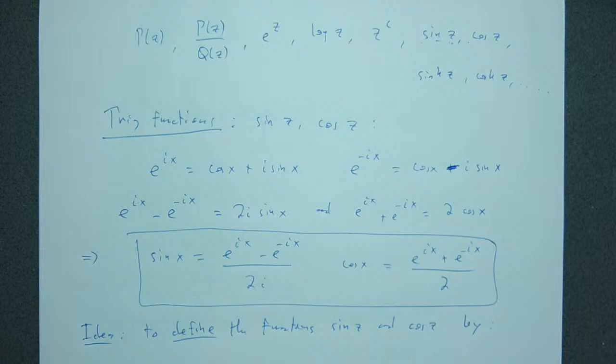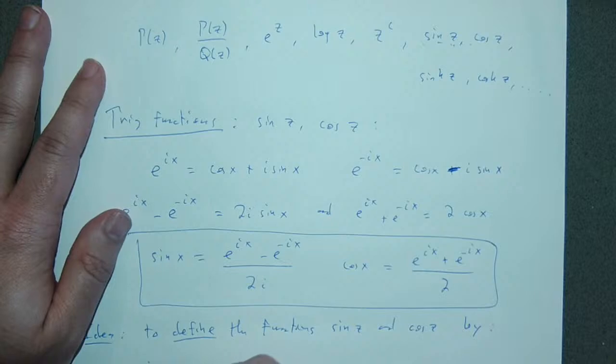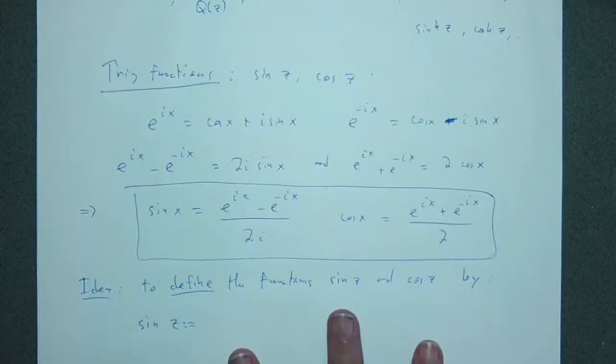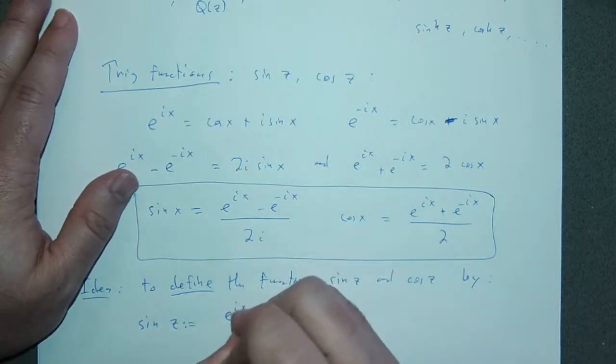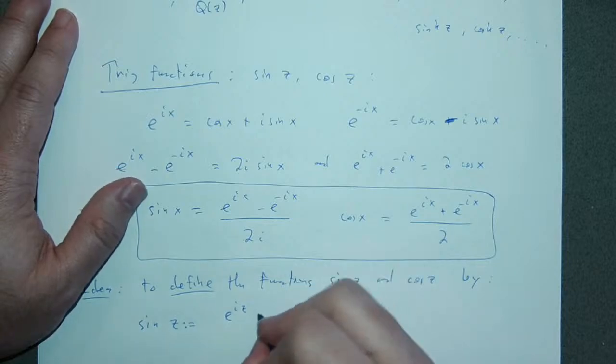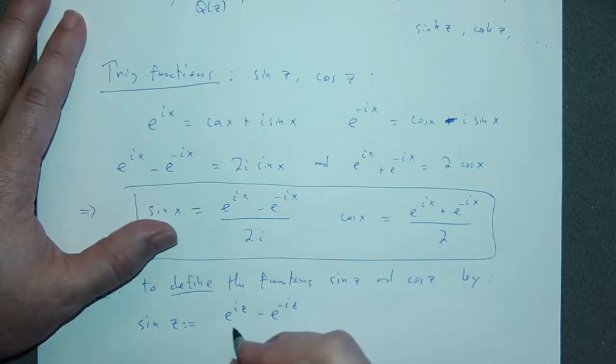So sine z is defined to be e to the iz minus e to the minus iz over 2i.